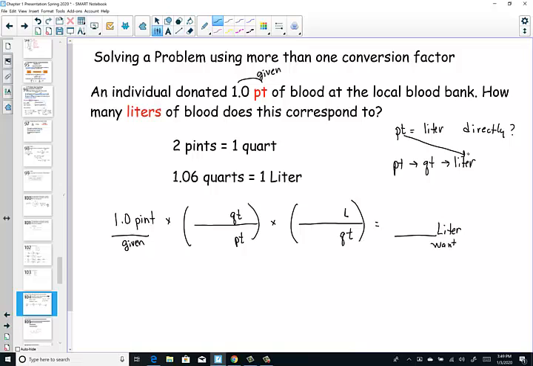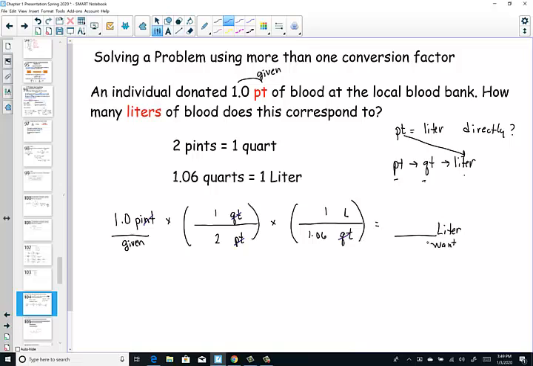I see a direction I can go. I can go from pint to quart and then from quart to liter. So in 1 quart, we see that there are 2 pints. And in 1.06 quarts, I see that I have 1 liter. Step 1, we canceled pints. Step 2, we canceled quarts, and that liter will be left at the end.